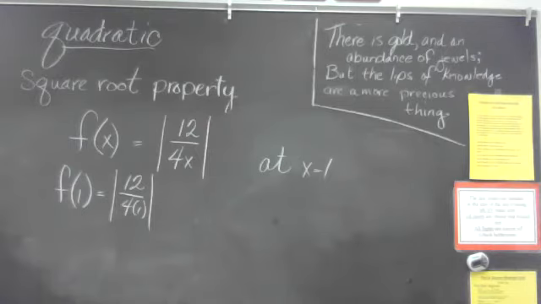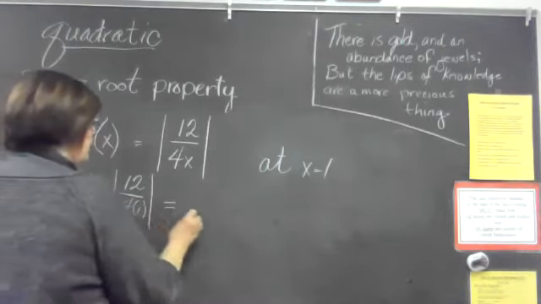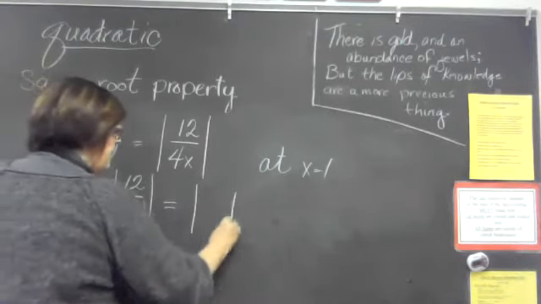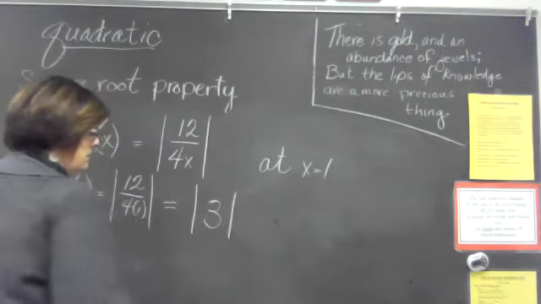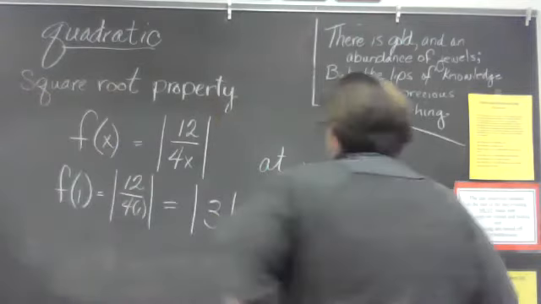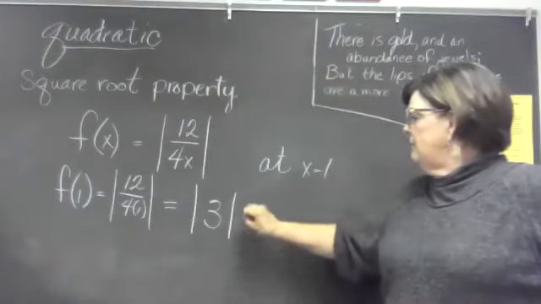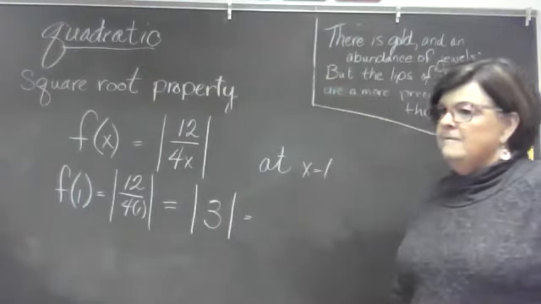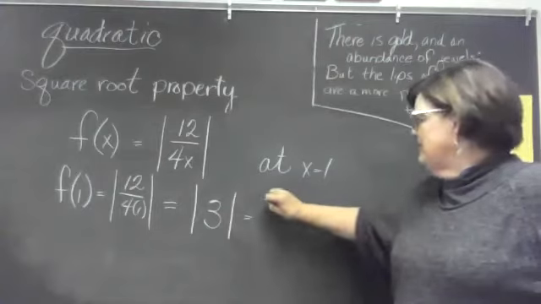So 4 times 1 is 4, right? 12 divided by 4 is 3. But we haven't done the absolute value yet, so we have 3. Okay, and what is the absolute value of 3? 3. It's always positive. That's exactly right.